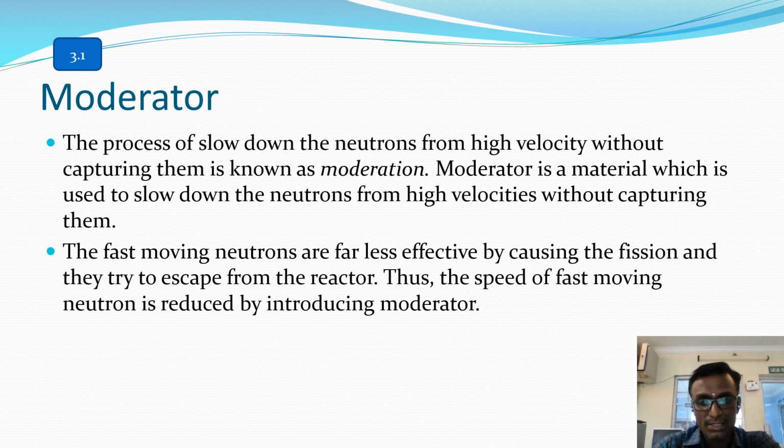So this neutron plays a vital role in order to kickstart the process, slow down the process, or stop the process. For all this to happen, we have to either supply free neutrons into the reactor or absorb the neutrons from the reactor. So the moderator is a material which is used to slow down the neutrons from high velocity without capturing them.